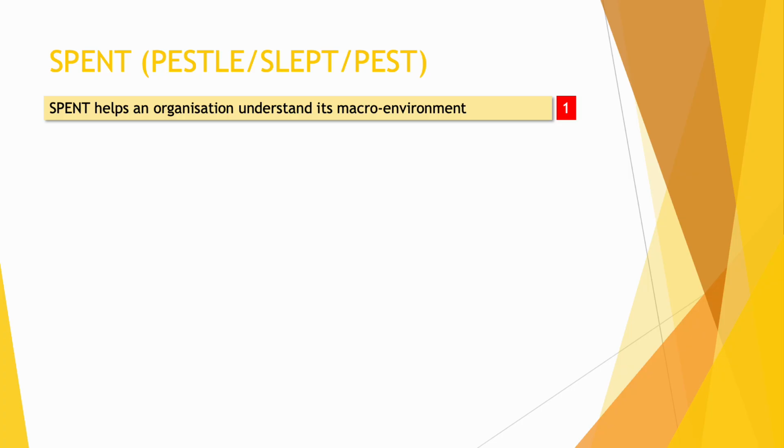Once you've done that, then we can go into each of the different stages of SPENT analysis and think about what we can talk about. So we're identifying any kind of big, wide external issues, non-industry specific, that might potentially impact on our organization. So our first category in SPENT is going to be social.